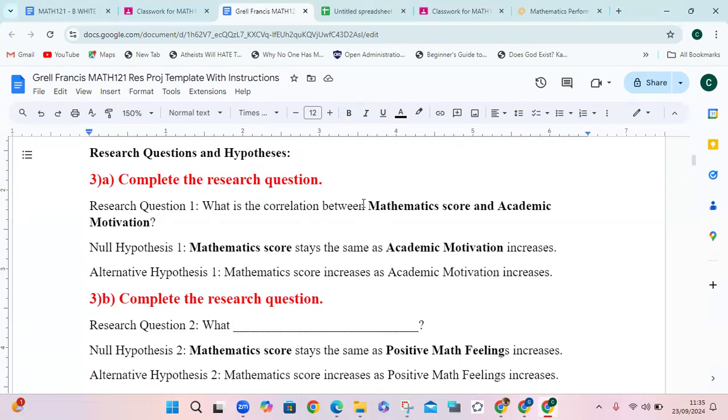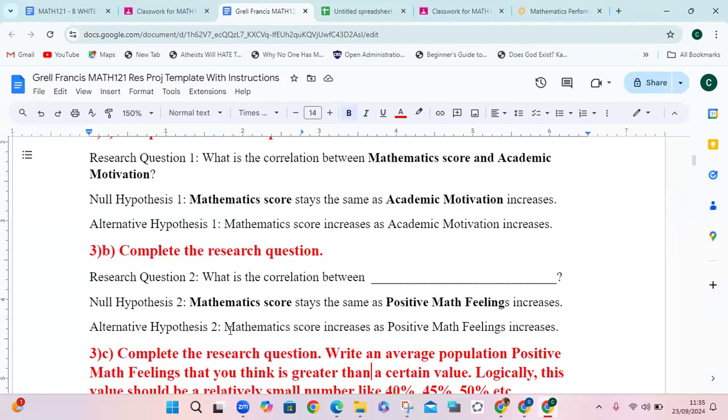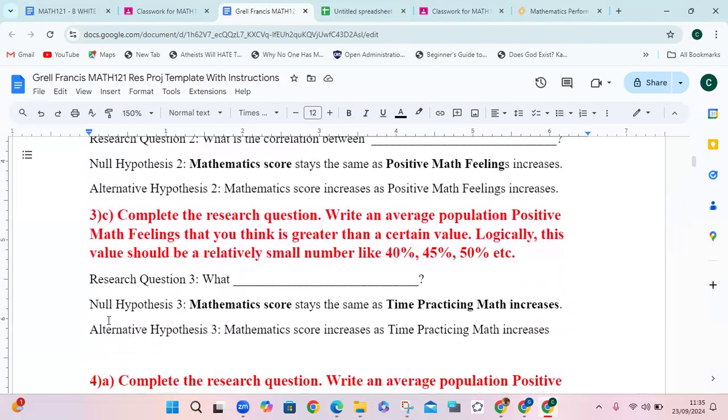So what is the correlation between? That's how you begin for number 2. Based on what we did for research question 1, you can figure out what the variables are for 2 and for 3. They call that correlation analysis. As you can see, the variables are emboldened, so you can complete research questions 1, 2, and 3.